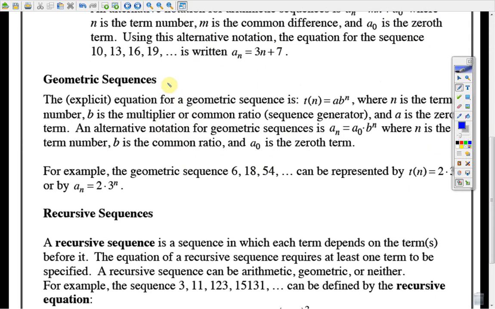So geometric sequences. Remember that geometric sequences have a common ratio, or a multiplier, that when you graph them, they give you an exponential function.